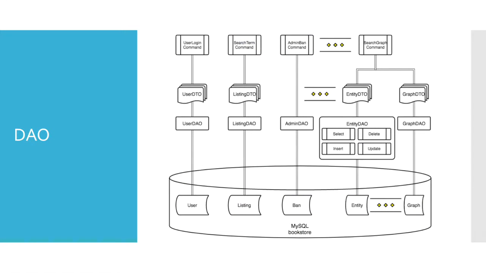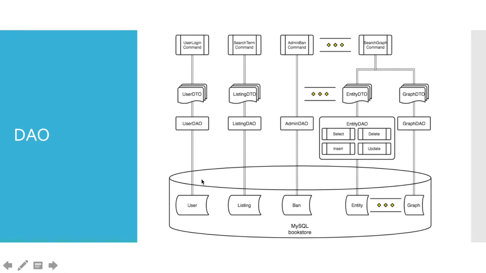So looking more closely at database access objects in a visual format, here we have the user login command. This command will then instantiate a user DTO and a user DAO. This will then go from the DAO. It will then access the user table within our database called Bookstore, which is a MySQL type database.